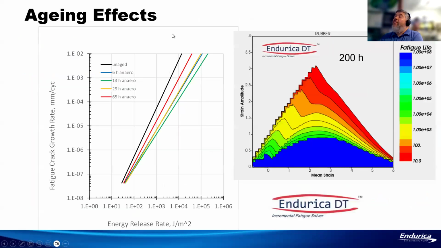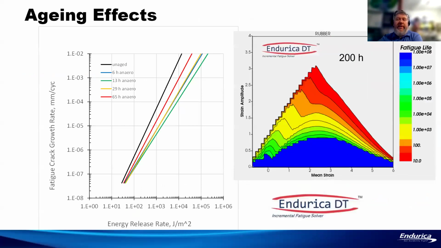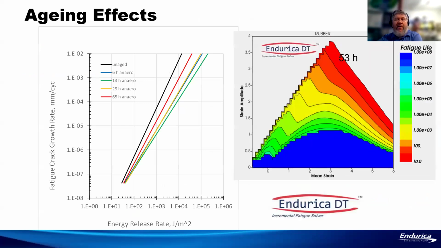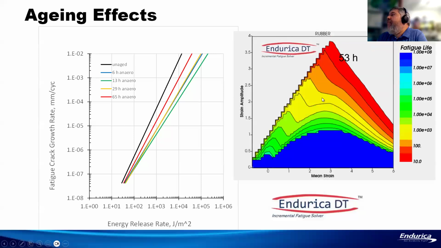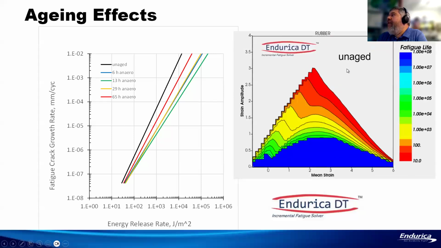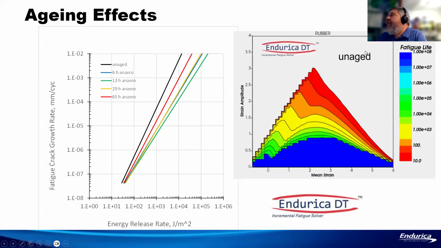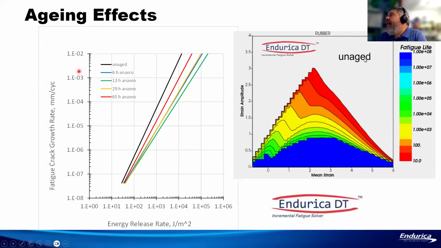Endurica has a capability to model the effects of aging and oxidation on rubber. So that's what you're looking at here: we're computing the Hay diagram for a strip of rubber that has had different exposures to aging. And what you see is the unaged material has a much larger Hay diagram.